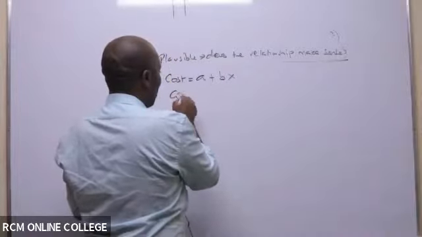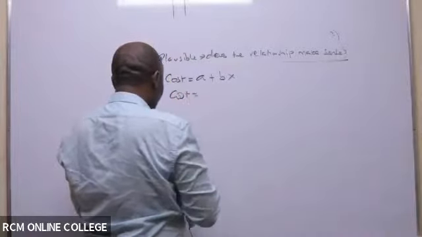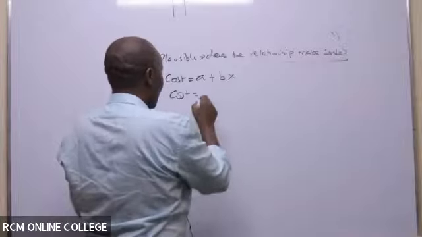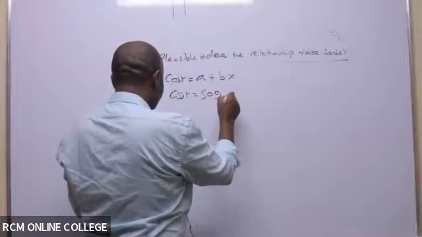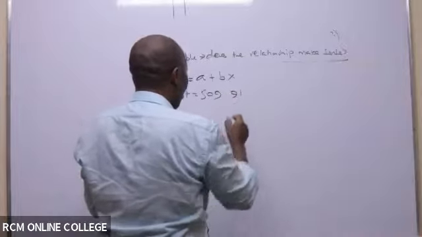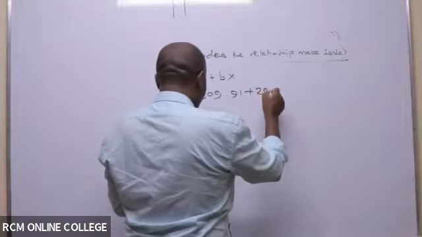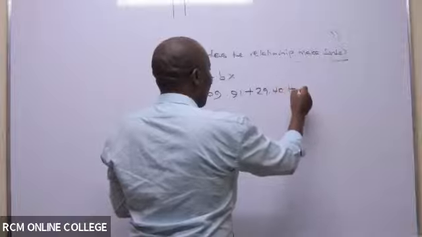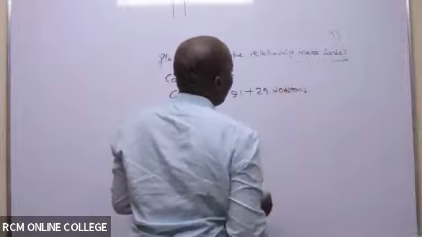You gave me the coefficients: cost equals 409.91 plus 29.40 times hours.